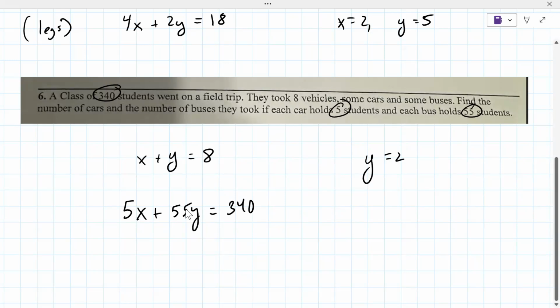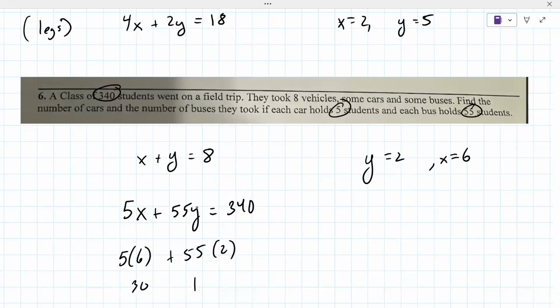Yeah. Okay. Problem with that is when you try it in the other equation, 5 times 6 is 30, 55 times 2 is 110. That is definitely not 340, or maybe it's 6 buses and 2 cars. That is correct. So where do you think the error occurred?